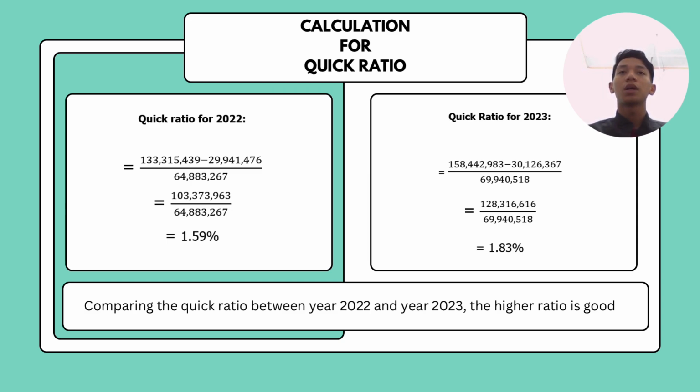After we subtract, we got 128,316,616. We divide it by the current liabilities, 69,940,518, and we got 1.83. Same as current ratio, we also compare between these two years. The quick ratio for 2023 is higher than for 2022, and the higher ratio is better. Okay, that's all.